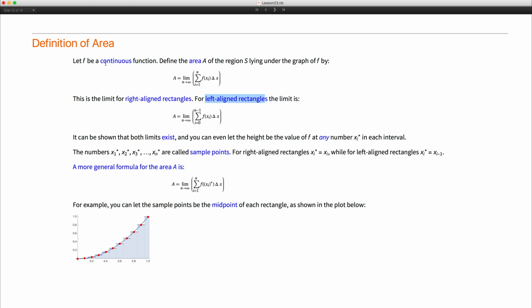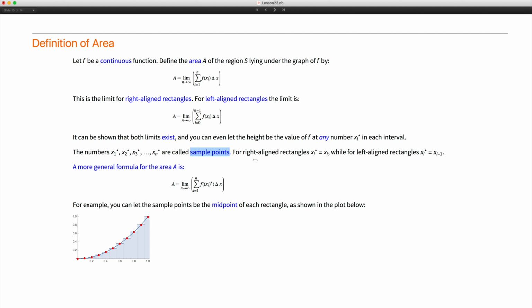Now the fact is that if your function f is continuous, then both those limits will exist, and in fact they'll be equal. So you could work with those sums, or you could actually take the values at any number in the subinterval for each i. These numbers are called sample points.